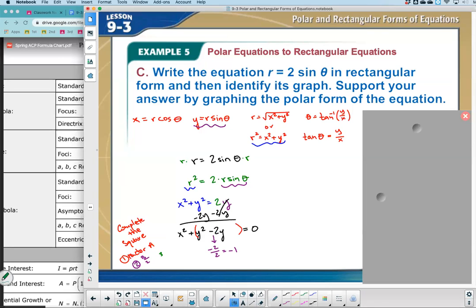Step 3, we square that value, b divided by 2 squared, which gives me a +1. And anything I add on the left, I've also got to add on the right. Finally, step 4 was to simplify.